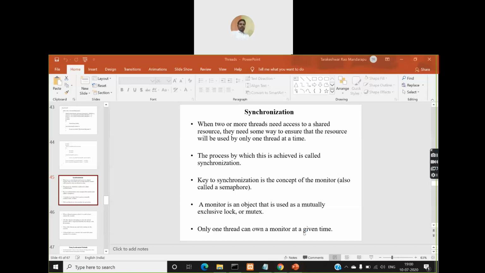So when you have a joint bank account and both of you are trying to use net banking or whatever application you have at the same time. Say there is 10,000 balance in your account and you want to withdraw that 10,000. You are trying to withdraw from a bank ATM, or you're trying to purchase something using your net banking application online.